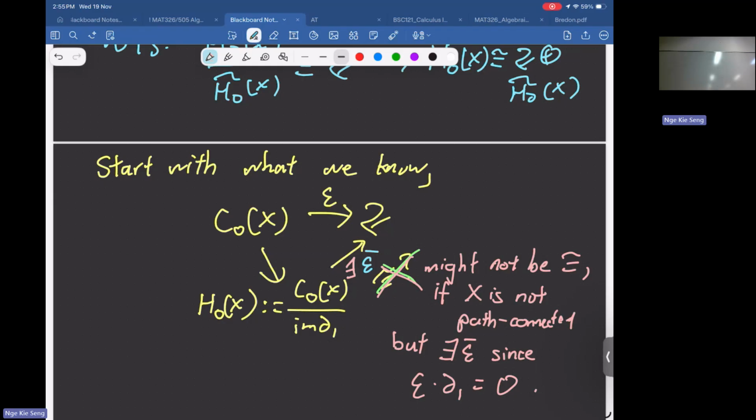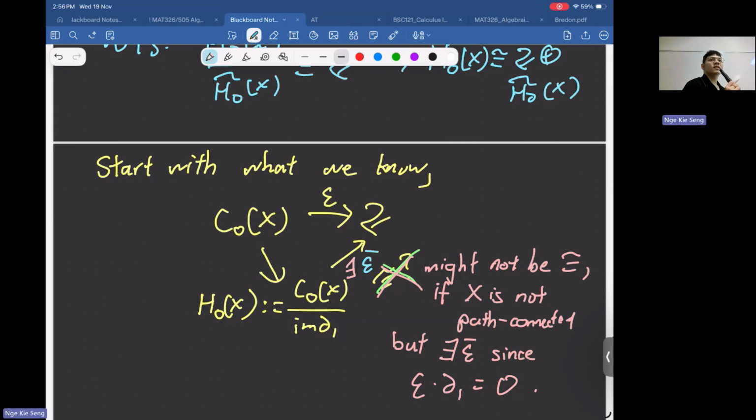To be well-defined, you need to send the thing in 0 to 0 as well, but everything that's the image of del 1 is sent to 0. Okay, there's a map here. So this map is again surjective.